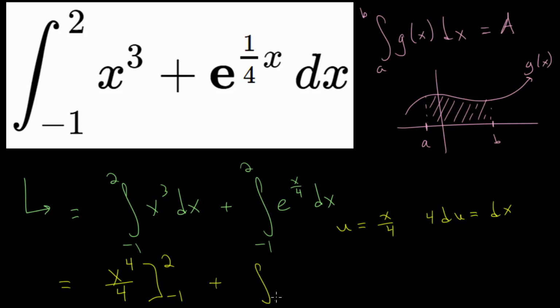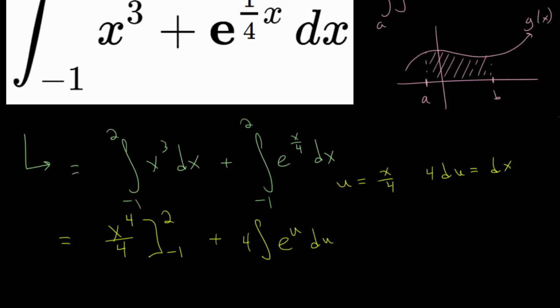So we get the integral, and we'll come back to the bounds, but we have e to the u multiplied by dx, which is now 4 du, so we can put the 4 out front. With the bounds, we can either plug them in now and change them to bounds in terms of u, or we can just evaluate this integral and put everything back in terms of x, and then from there just use the original bounds.